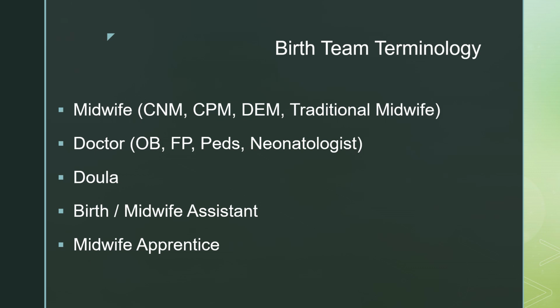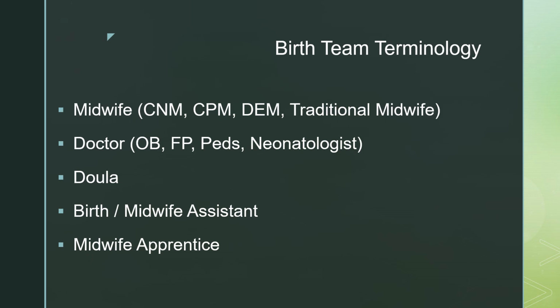In some states midwives are illegal, and some have licensure and some don't. So midwife is a very confusing term to the greater society, let alone understanding the different types of midwives and the educational path. A certified nurse midwife has more of a nursing, science, medical background, and a certified professional midwife, traditional direct entry, is more of an apprenticeship model.